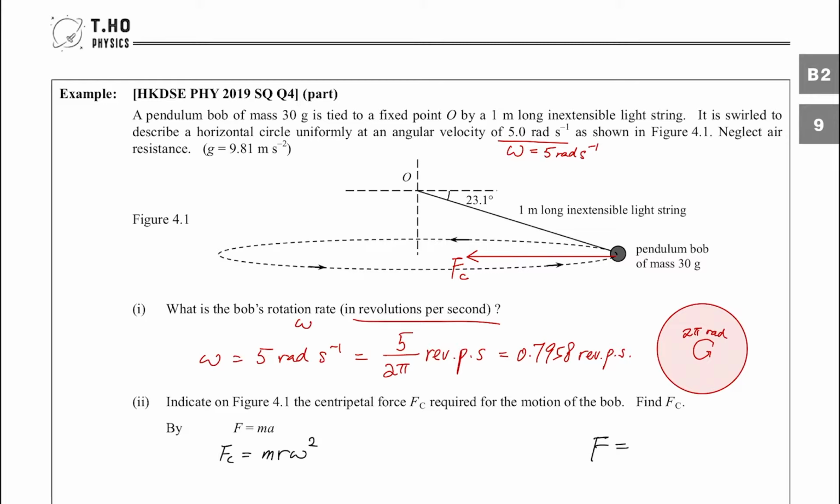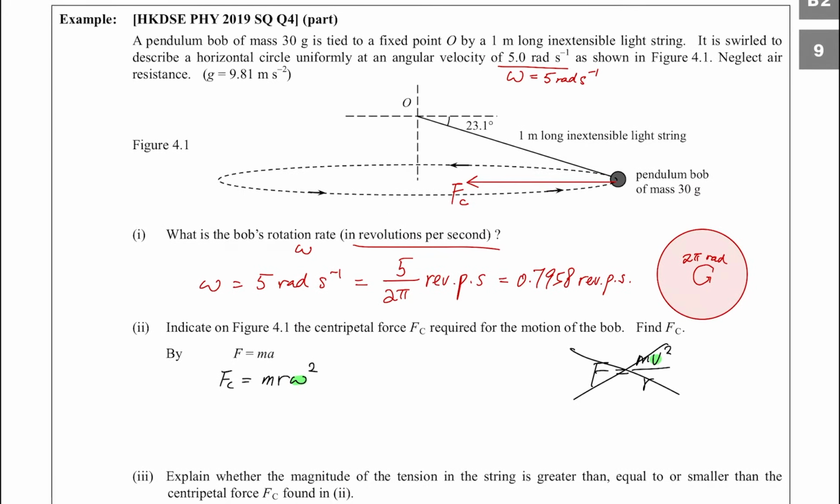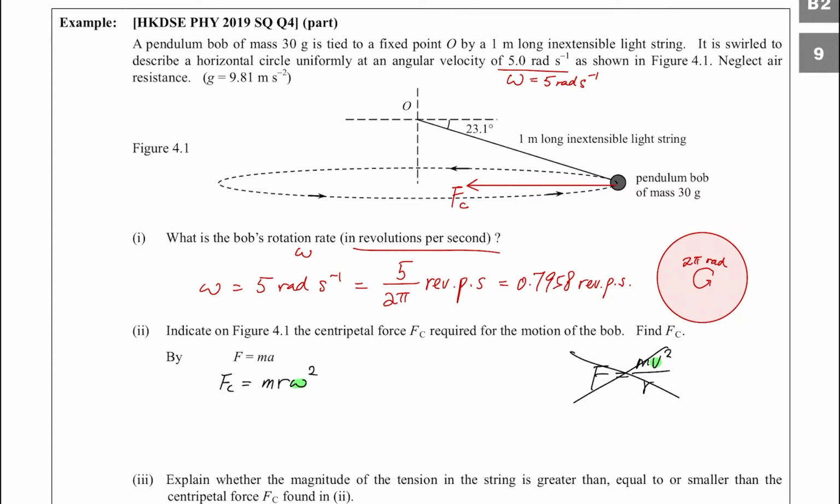Now note that this time we do not use F equals m v square over r because v is not given. So I'm not saying that this equation is wrong, but this equation does not help us to do the calculation because now the question gives us the omega. So we will just put in the numbers given in the equation.